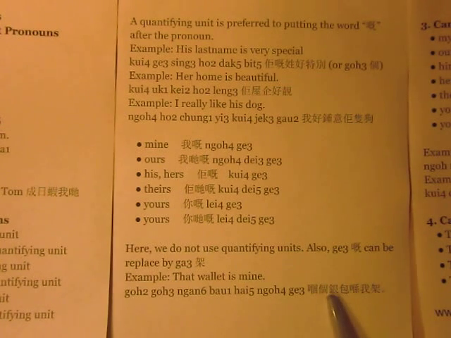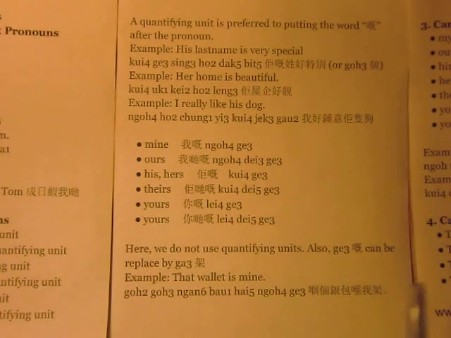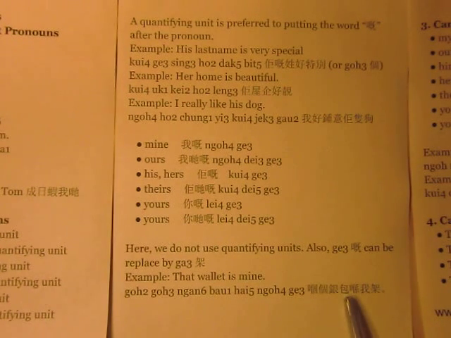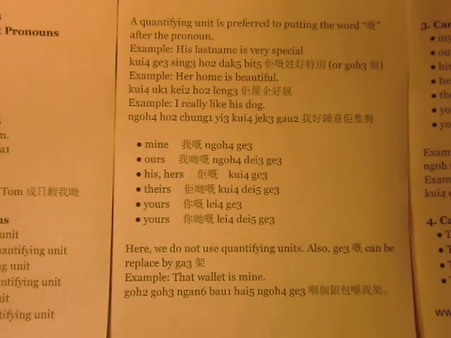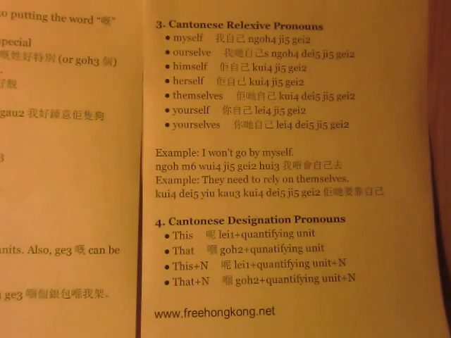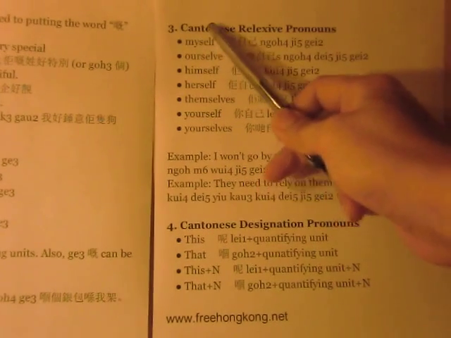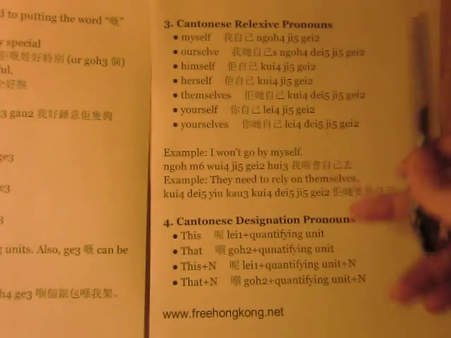Wallet is 銀包, silver wrap. 包 is something for wrapping things, so you wrap up your money. 銀包 is wallet. 係 is "is", 我嘅 is mine. 嗰個銀包係我嘅, 嗰個銀包係我㗎.